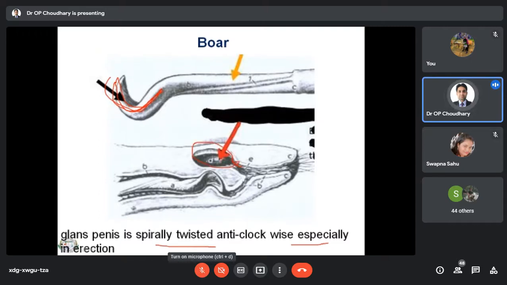This diverticulum is called the preputial diverticulum. So these two things are only present in the boar. One is the glans penis spirally twisted anti-clockwise, and the other is the preputial diverticulum.